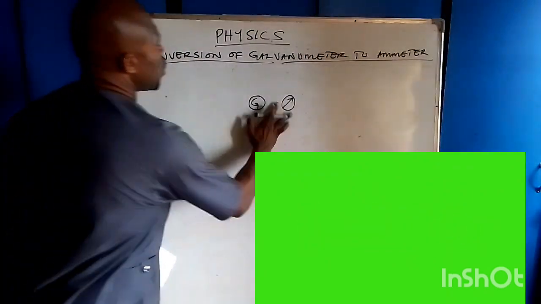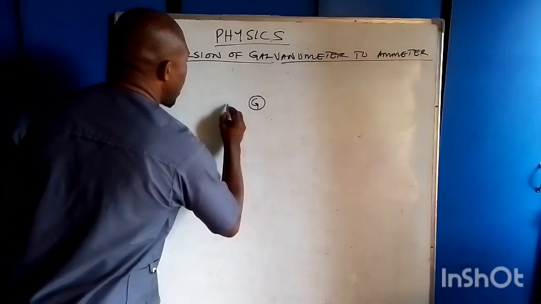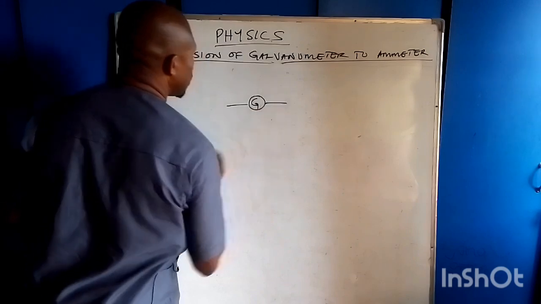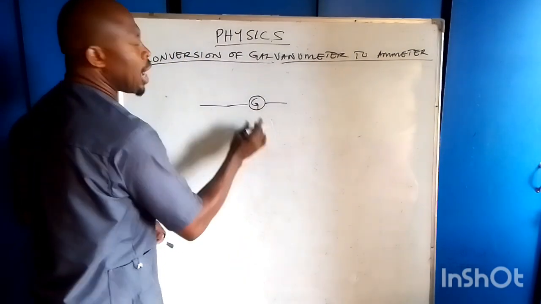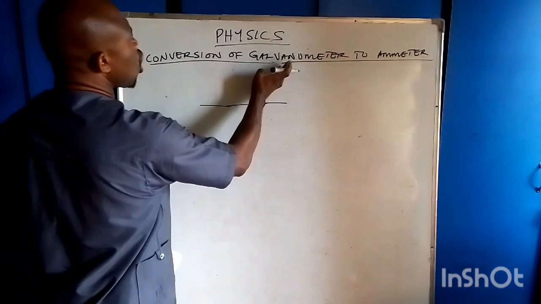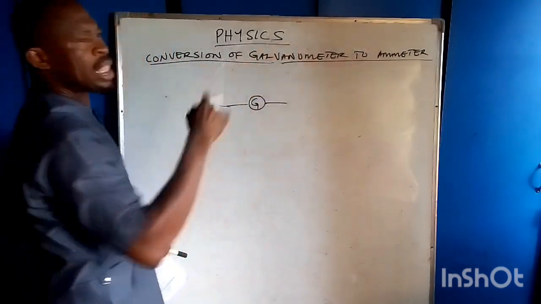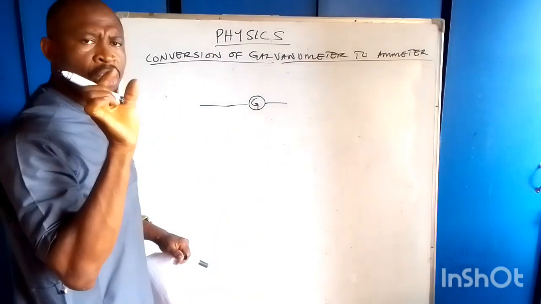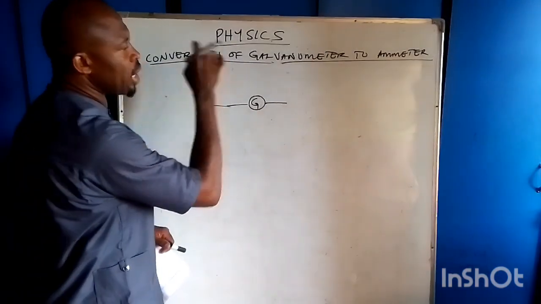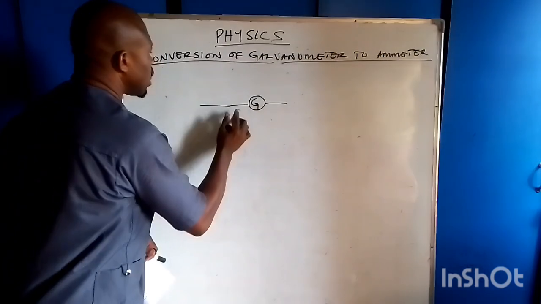Now, if we have a galvanometer like this, and of course, current is flowing from somewhere. The only way to convert a galvanometer to an ammeter is by connecting a very low resistance resistor in parallel with the galvanometer.